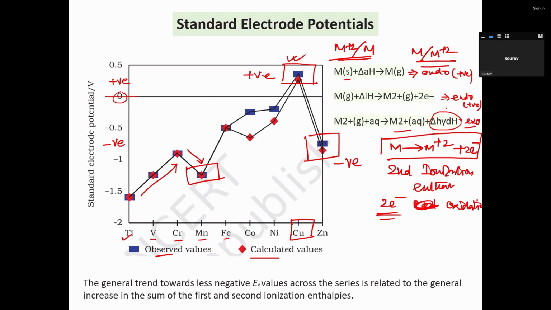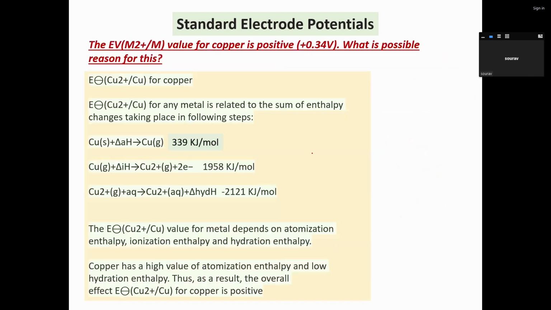Now with this concept, we can see that for copper, first the atomization value is 339 kilojoule per mole. Second, the ionization enthalpy value is also positive, an endothermic process, 1958 kilojoule per mole.